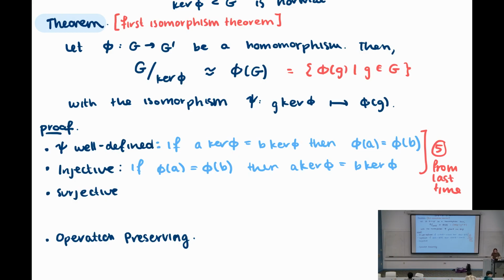So say we have an element phi of little g, so this is a generic element of phi of big G, then the coset G kernel phi, this is an element of G mod kernel phi that gets sent to it.